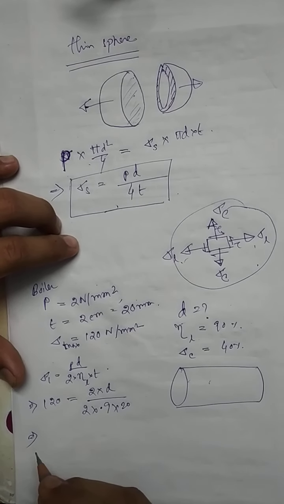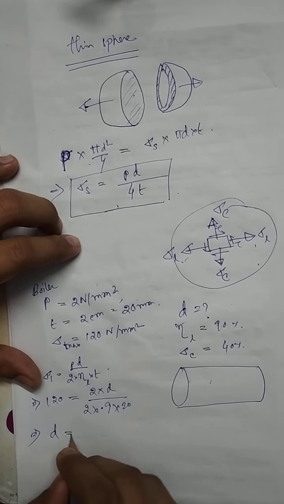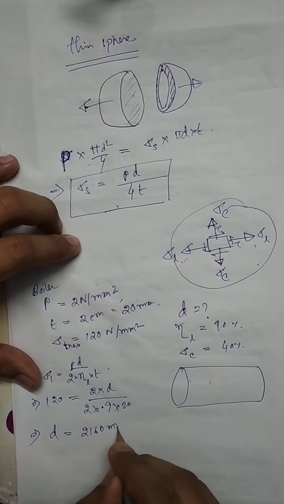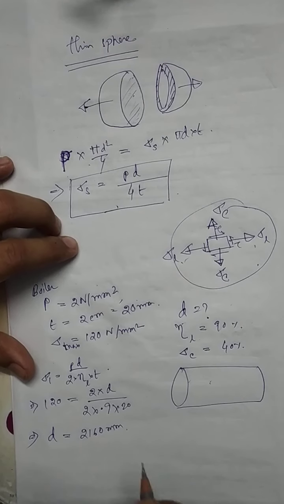Now the value of D we get is 2160 millimeter from the formula.